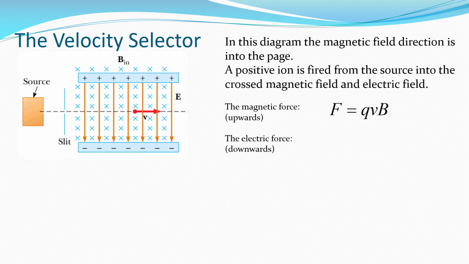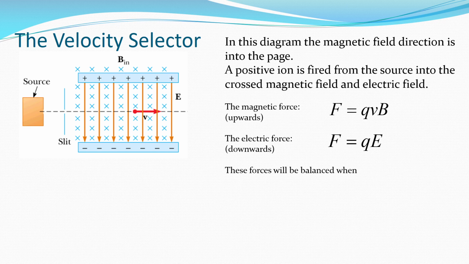So I have a downwards force due to the electric field, which has a value of QE, and an upwards force due to the magnetic field, which is QVB. Now, if this particle is moving in a straight line, that must mean that the upwards force from the magnetic field is equal to the electric force from the electric field.